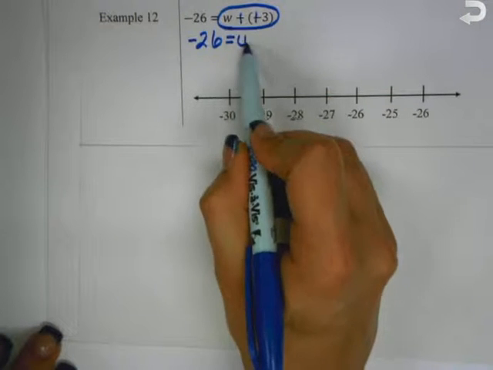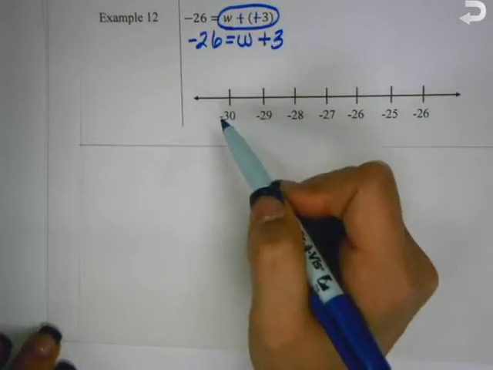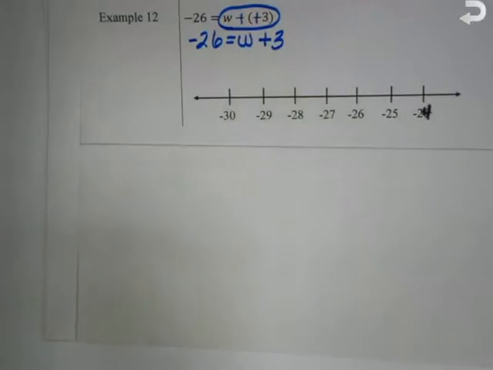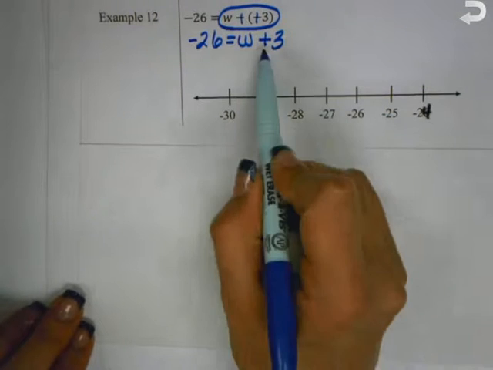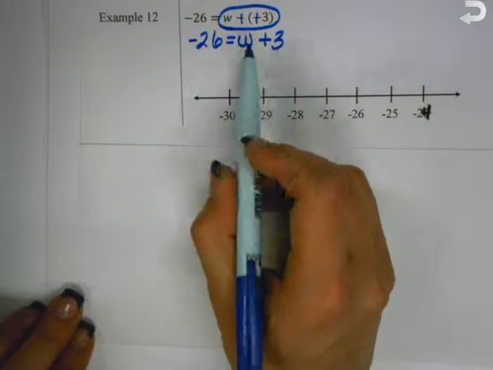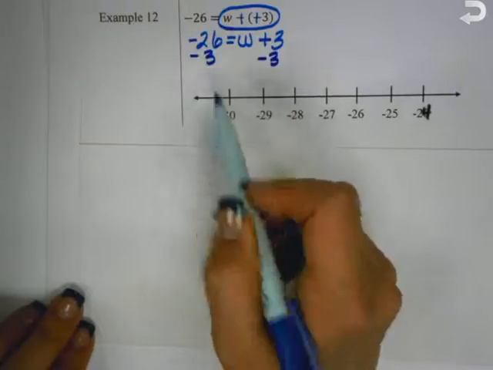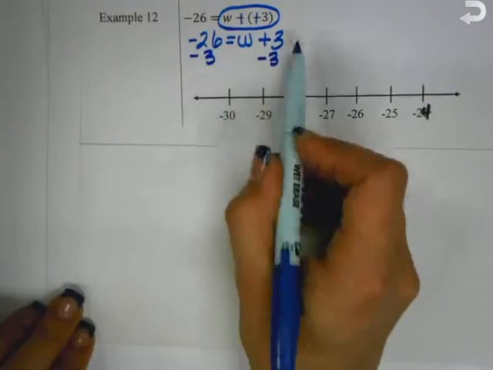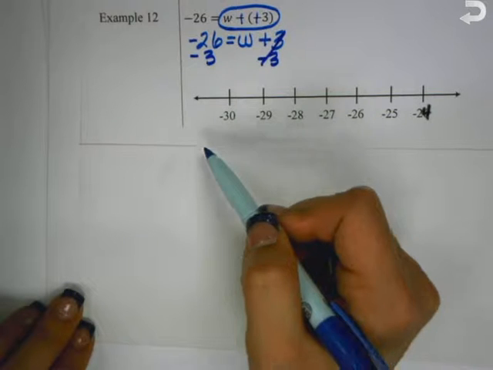So then we want to solve for W, so I have plus 3 over here. So to solve for W, I'm going to subtract 3 from both sides. Positive 3 minus 3, that gives me 0. So I'm left with, and I ran out of room again. So I'm left with what on the left-hand side? Negative 26 minus 3.